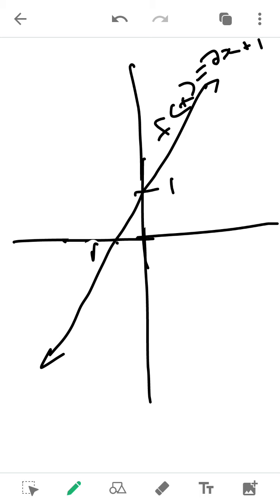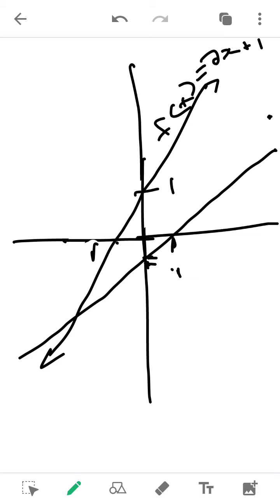Positive 1, 0 is somewhere here. And then we'll have our negative half somewhere here. Sorry, here's our 1. So here is our 1.